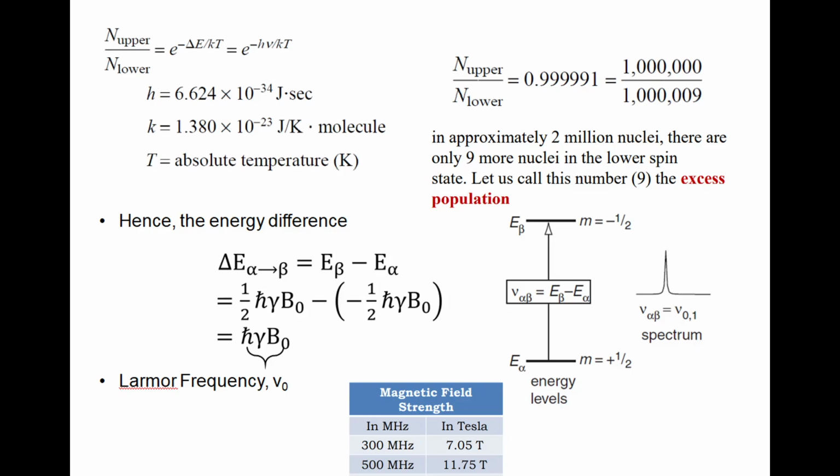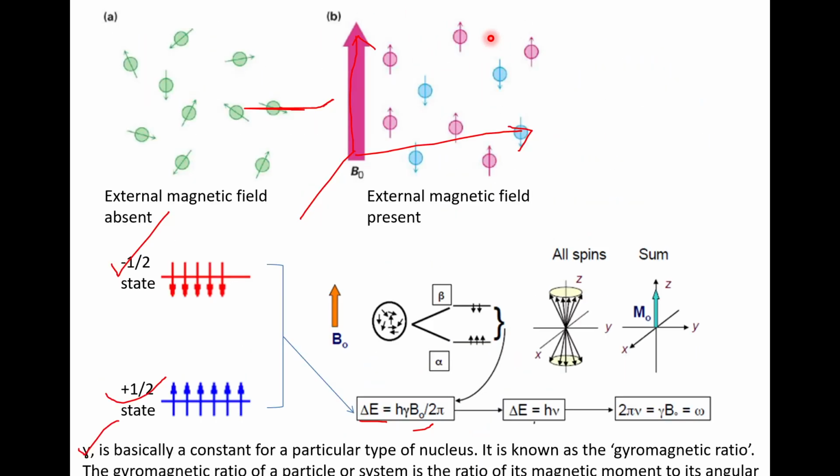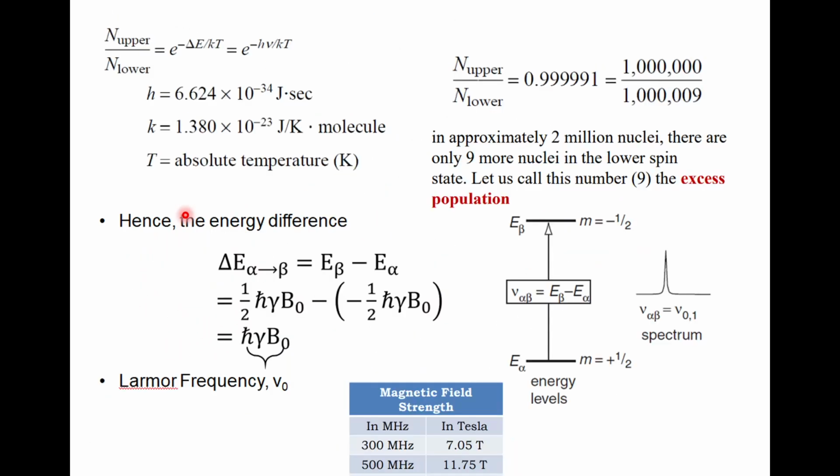That can be calculated by this Boltzmann equation, and here you can get the idea. You will find that for NMR active nuclei, if you take the ratio of the nuclei present in the upper or high energy state to the nuclei present in the lower energy state, there is always some extra amount of nuclei present in the lower energy state as compared to the upper.